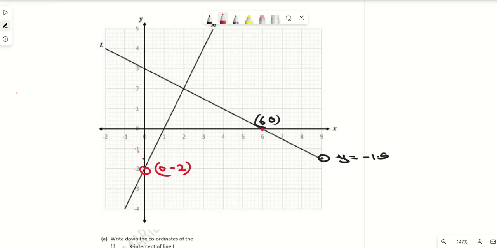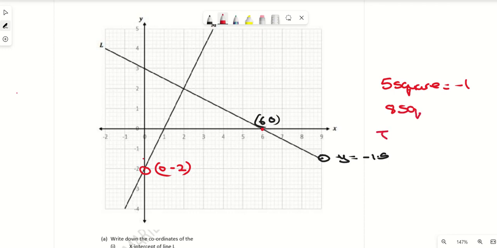Or if you want, you can do it like this. I taught you guys to find the scale, you count the number of squares. We know 1, 2, 3, 4, 5. So 5 squares is equal to -1. We want to know how much is 1, 2, 3, 4, 5, 6, 7, 8. 8 squares, right?